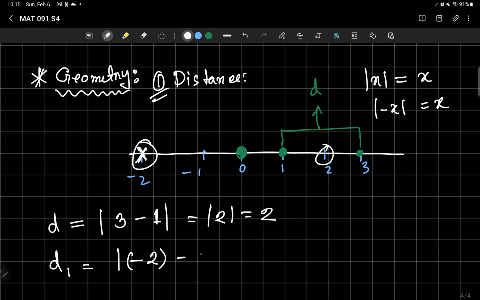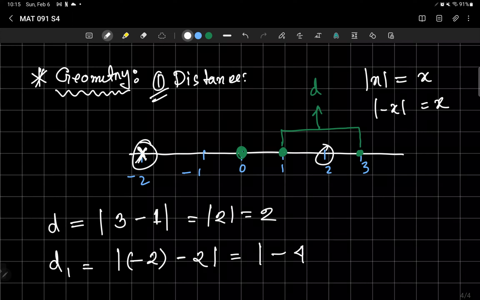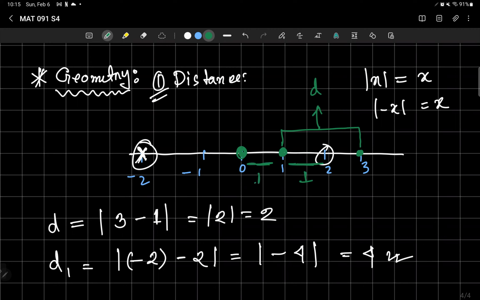Then I have to subtract the other point, 2, like this. What we get is -4, but there is a modulus sign, so this is just 4. So that means there is a 4-unit distance between -2 and 2. And you can verify this if you want. This is 1 unit, this is 1 unit, this is 1 unit, and this is another unit. So 1, 2, 3, 4.